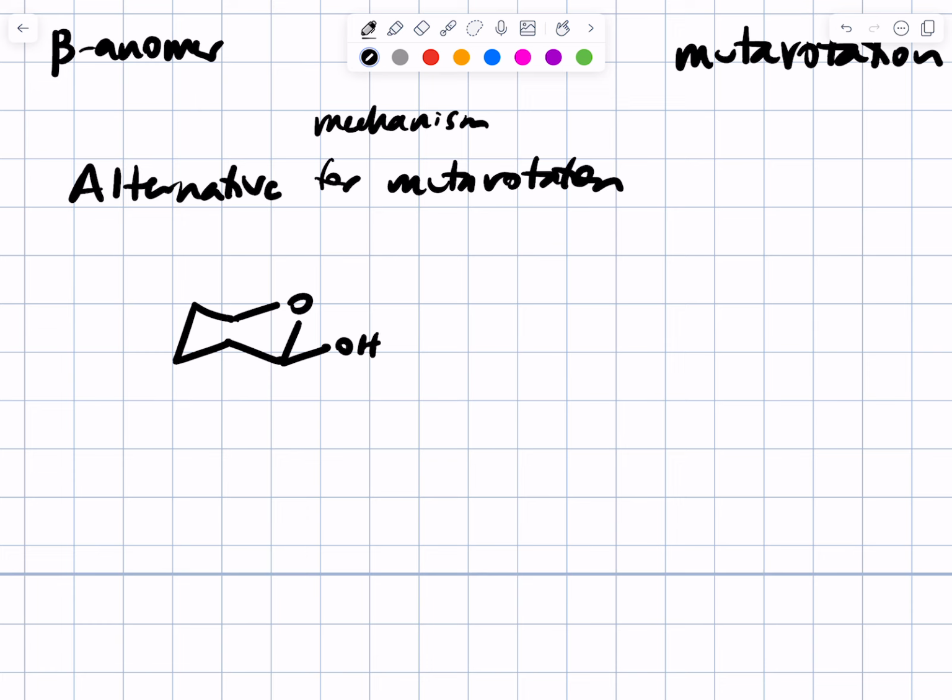So, starting with the beta anomer, you can say, what if our acid catalyst, instead of protonating the ring oxygen, protonated the OH on C1, thereby turning it into a good leaving group?